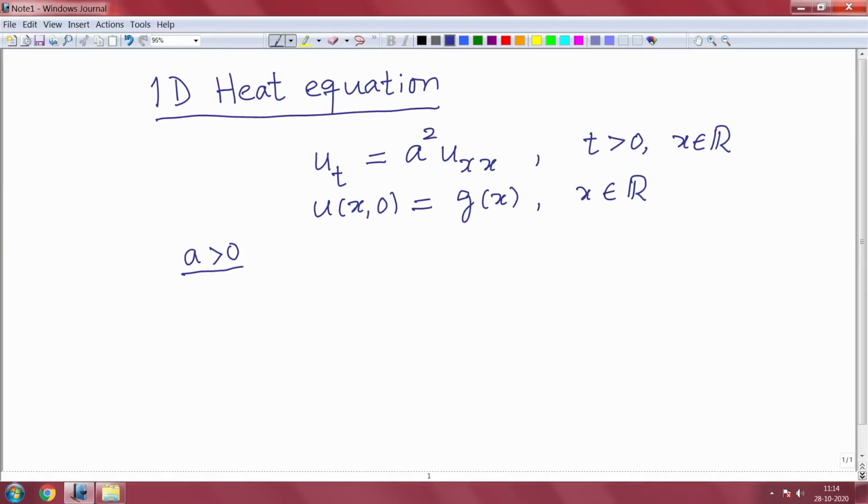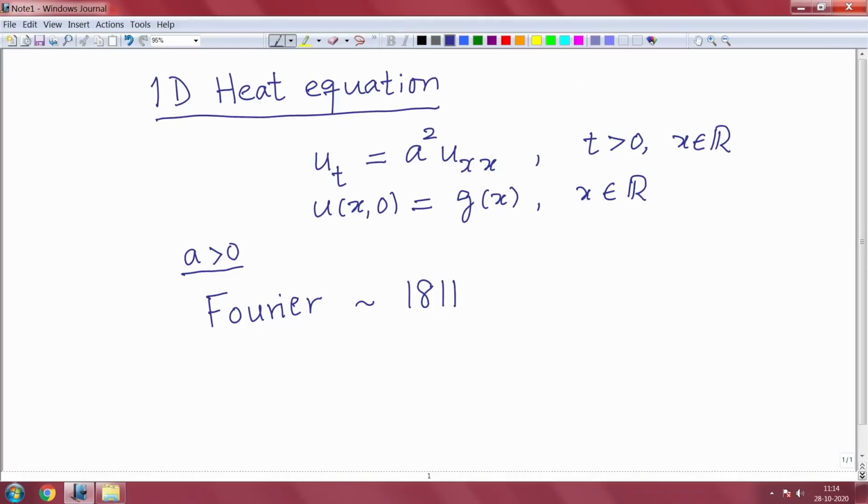Before we go further, a few historical remarks. This equation first appears in the work of Joseph Fourier, a French scientist, somewhere in the beginning of the 19th century.